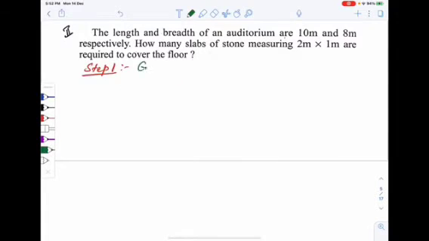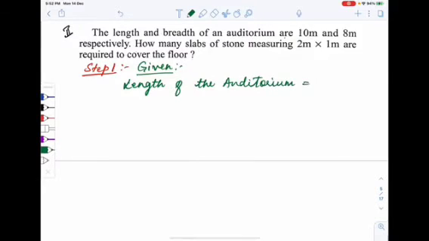Now, given length of the auditorium is equal to 10 meters, and its breadth is 8 meters.